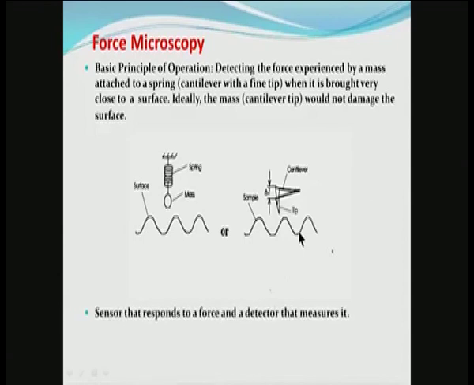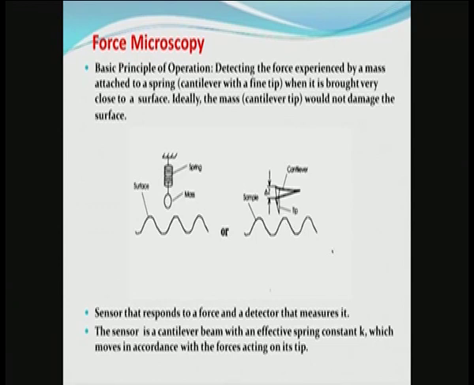Now, consider this as a sensor. This sensor responds to a force, that is the force that it experiences when it comes close to the surface. We will come to that shortly, and a detector that measures this force. The sensor is a cantilever with an effective spring constant K, and this sensor moves in accordance with the forces acting on the tip of this cantilever.